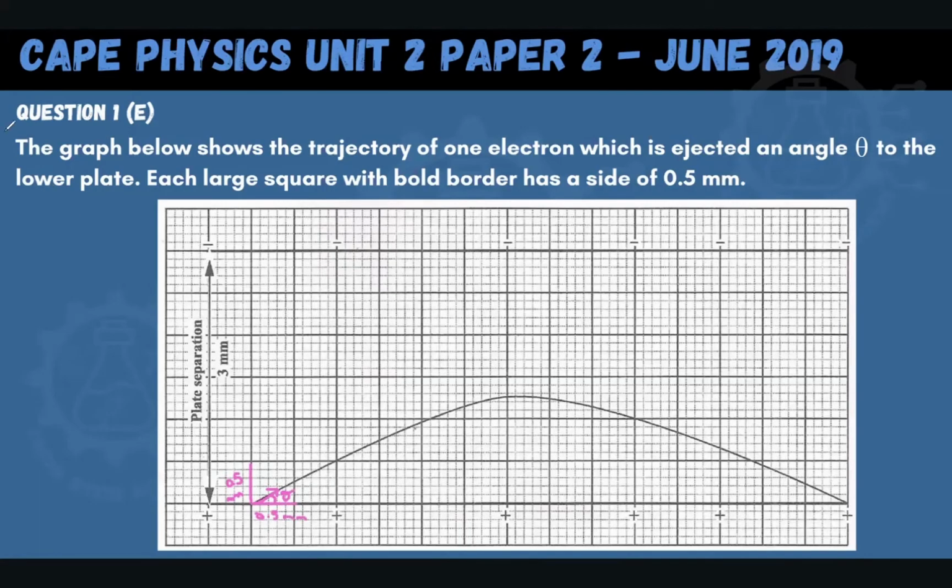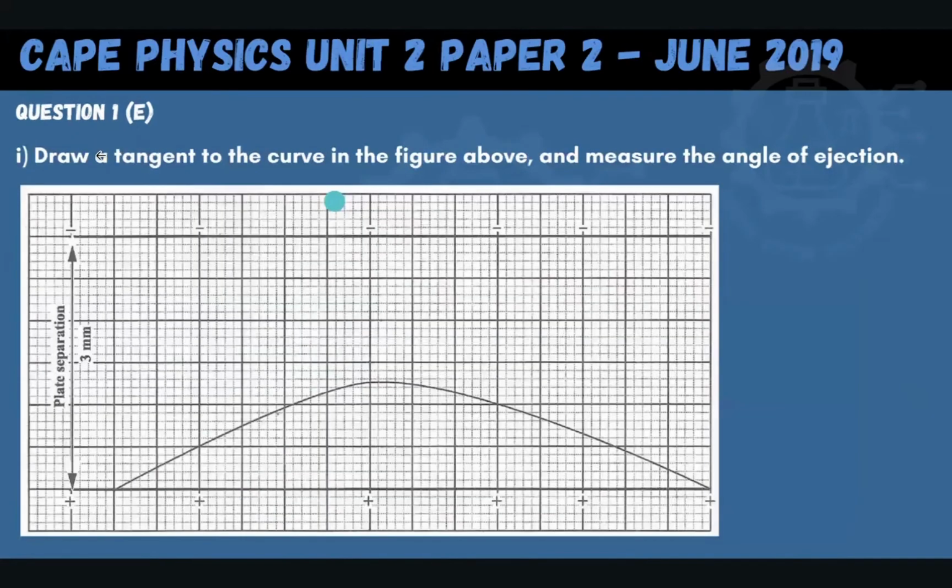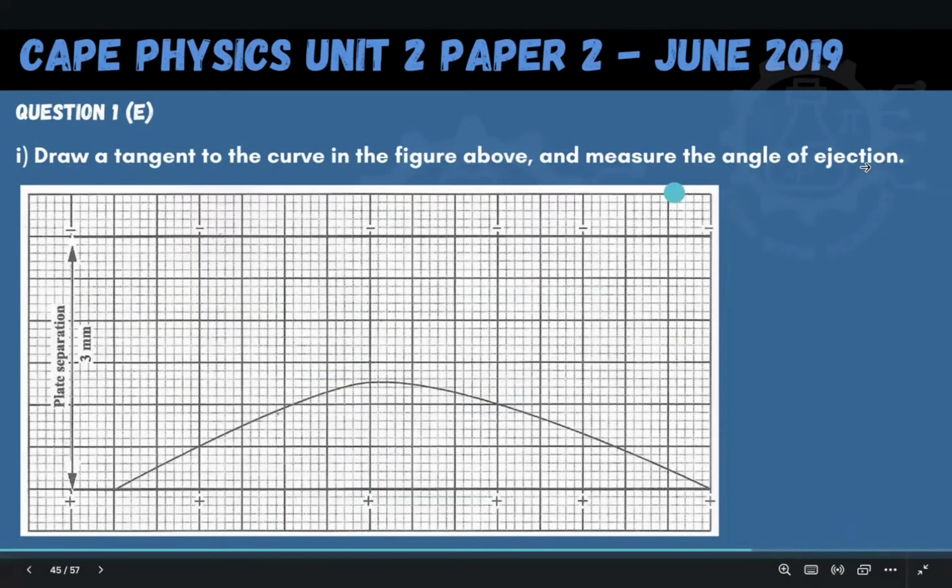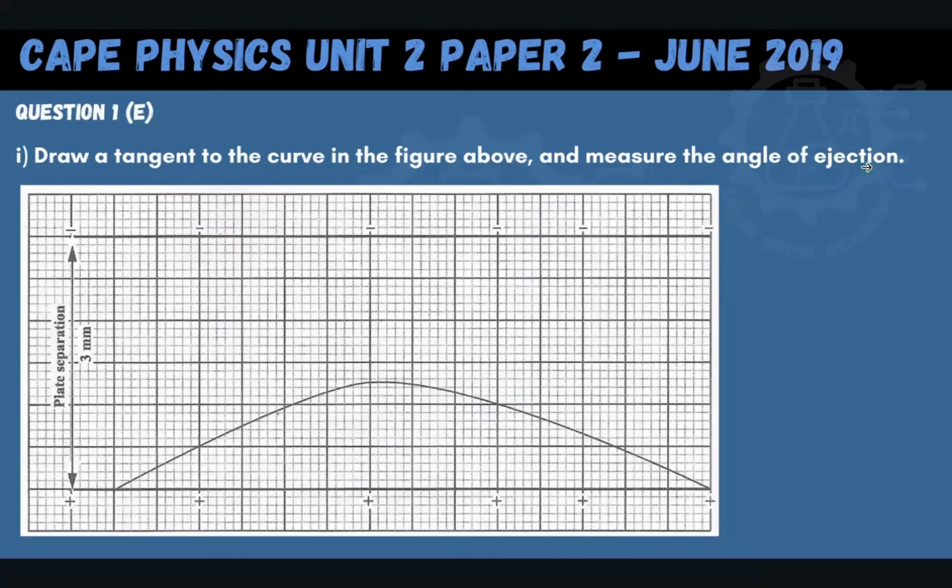All right, so let's see what the first part of this question is asking. It says to draw a tangent to the curve in the figure and measure the angle of ejection. Drawing a tangent is just drawing a straight line to the curve. They didn't say explicitly to which point on the curve, so we can draw a straight line that touches any point we want. So I'm going to draw my tangent.